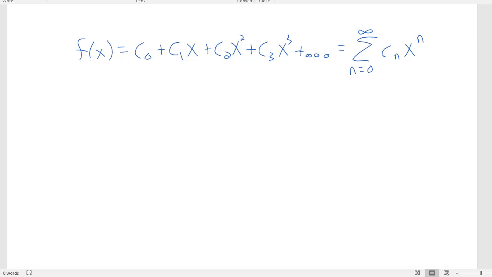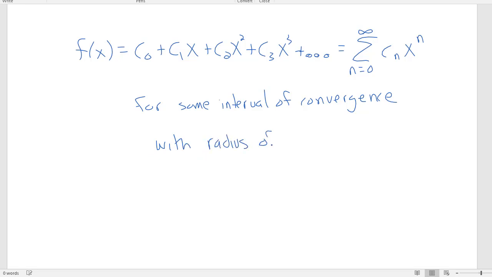Now, this function only has a power series representation on the interval of convergence. So this is going to be true for some interval of convergence. And remember, we had introduced the term in that prior video that the interval of convergence had a radius of convergence.